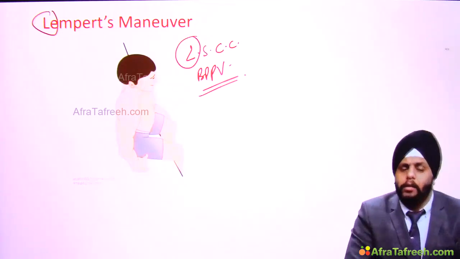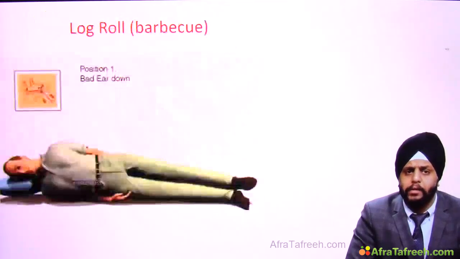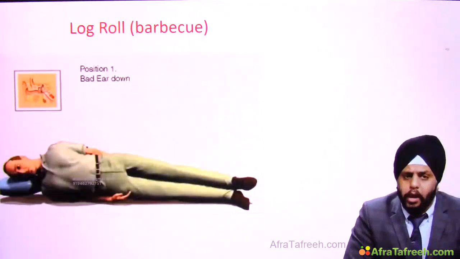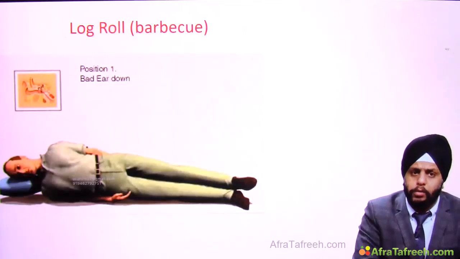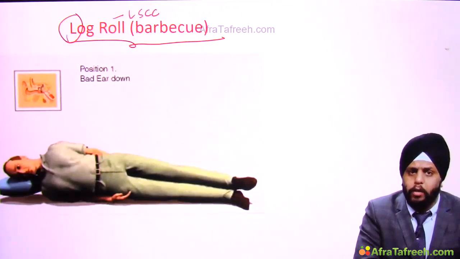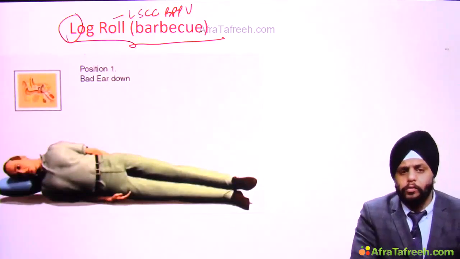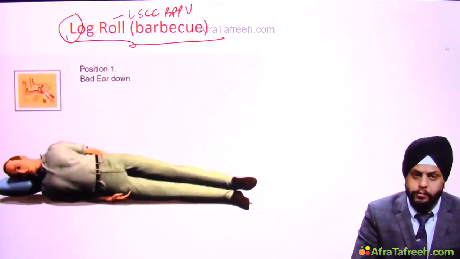Another maneuver which is done for lateral semicircular canal BPPV is the log roll or barbecue test. Again, L for log and L for lateral semicircular canal BPPV. Now in this you move the entire patient, or the entire body, like a log of wood.